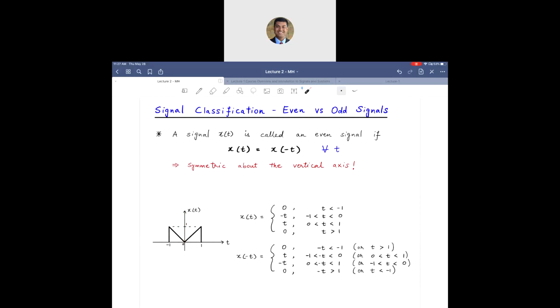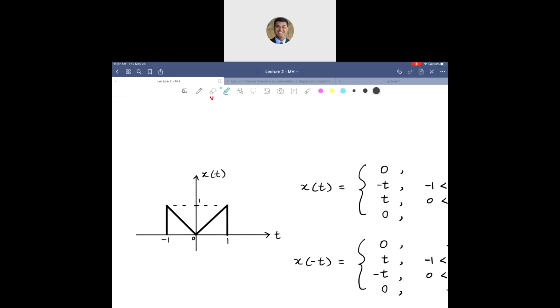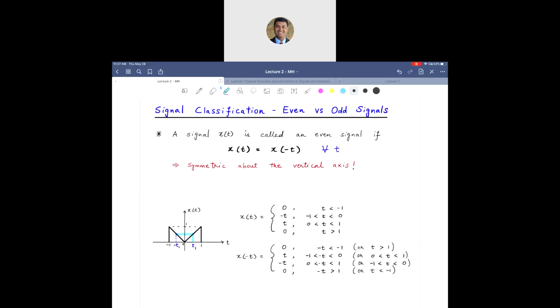And we can test this by picking a point, some t1. When you do a negative t1, you will be over here and it'll have the same amplitude. So those will be in line. That particular definition will have to be satisfied for it to be considered an even signal.